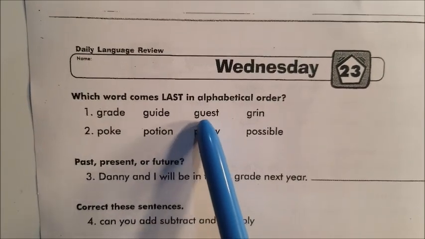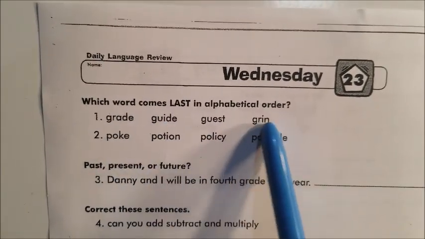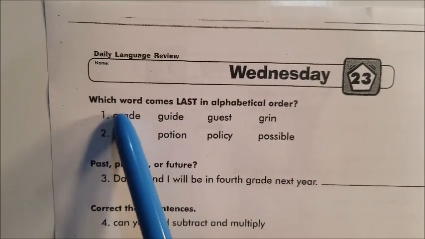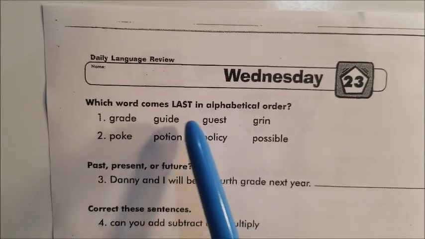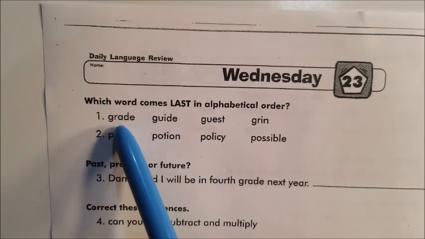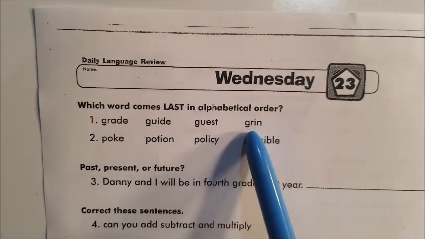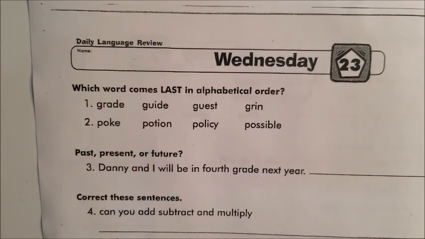So let's see, we have probably R comes before U, and there's two R's, so these two are going to be up front, and these two are going to be in the back. And then you're going to have to compare third letters on these two and third letters on these two. So good luck with that. And here you have some right here too to do the same thing with.